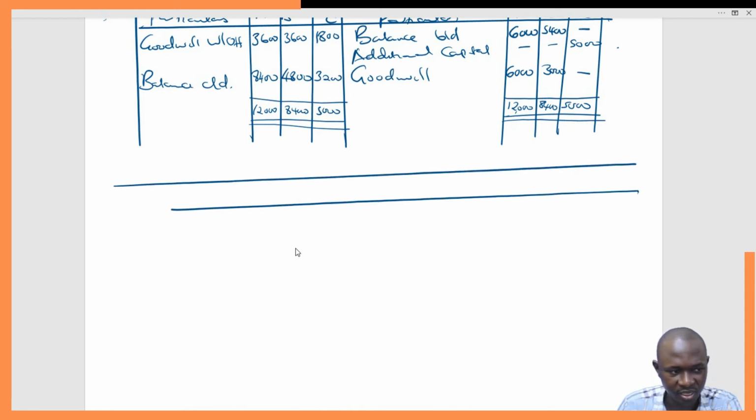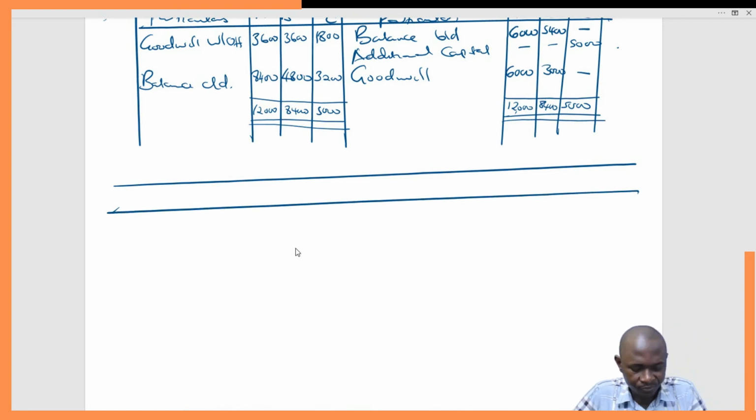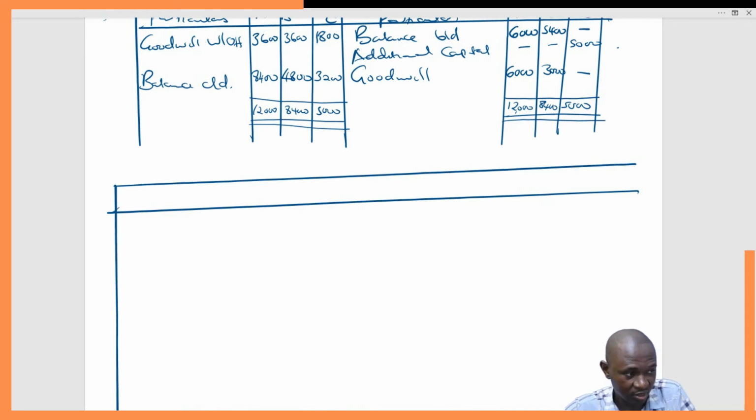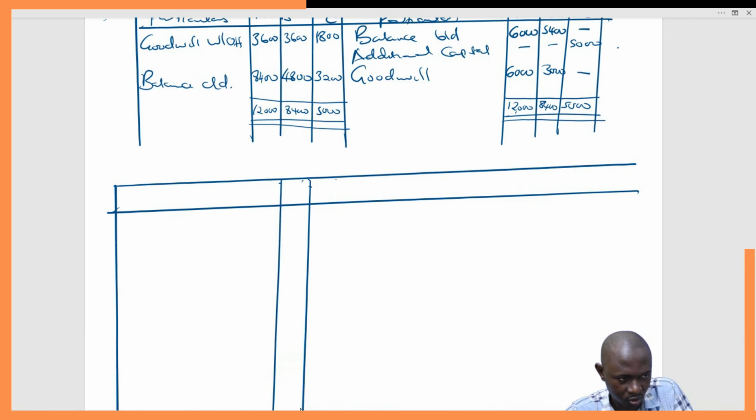Something worth mentioning here is that it is the transactions that are marked. So long as you have the transactions right, you move on. Don't be so keen on ensuring that it must balance.